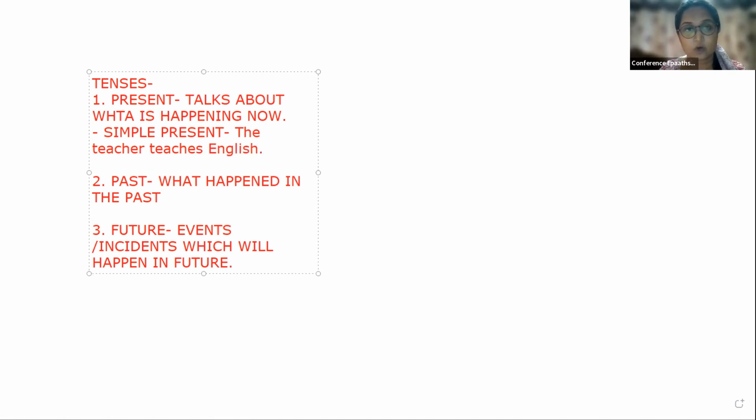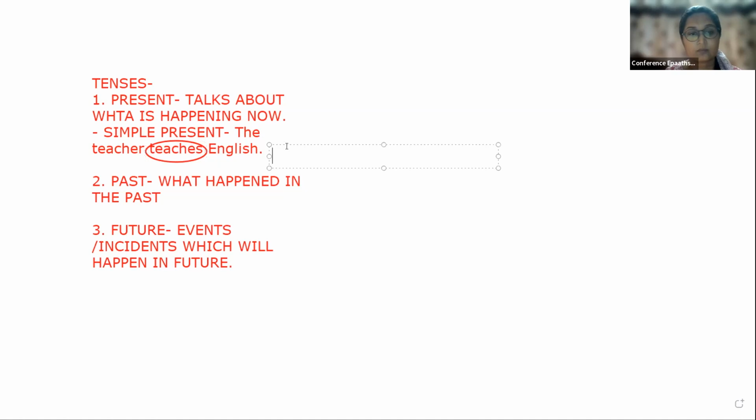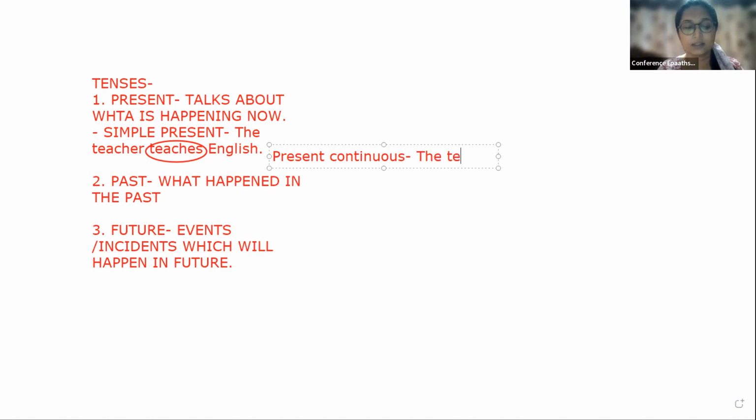So this is the main form of the verb which I am using. Okay. Now, what was the second category? Present continuous. In present continuous tense, with the is, am, are, you have to use the ing form of the verb. Like the teacher is teaching English.